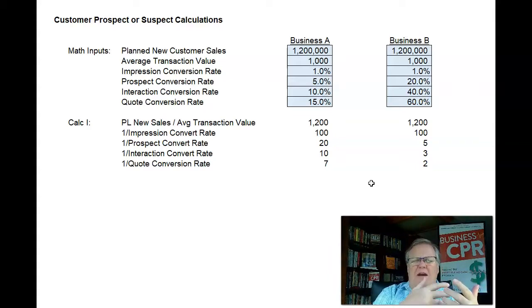And oftentimes you have to have multiple impressions to get one prospect. And many businesses will have multiple interactions with the prospect before that prospect will put up their hand and ask for a quote or want to discuss price.